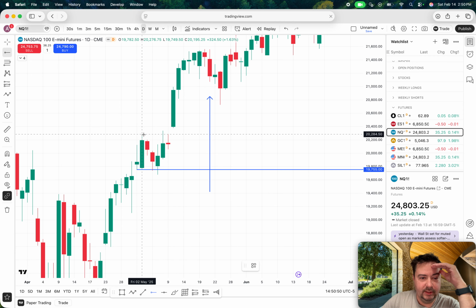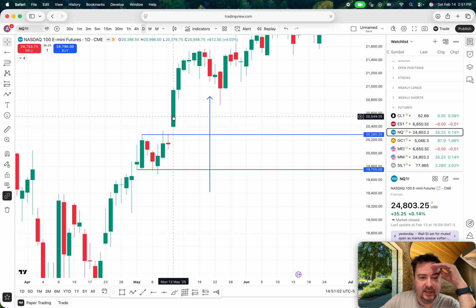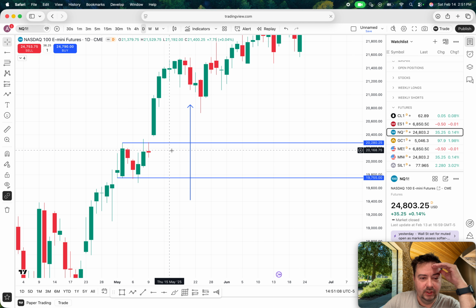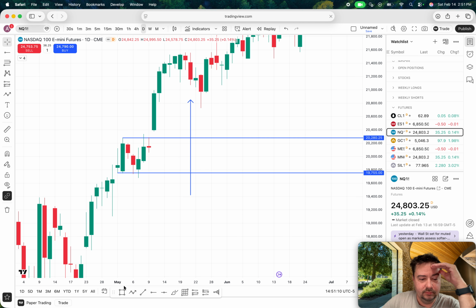First of all, let's talk about the liquidity sweep. So at the top of this candle here, we had liquidity. It swept, but then this day it did come back down. However, we have a break of structure because this daily candle here closes outside of the order block. Where is the order block?